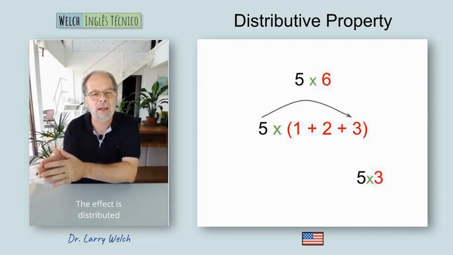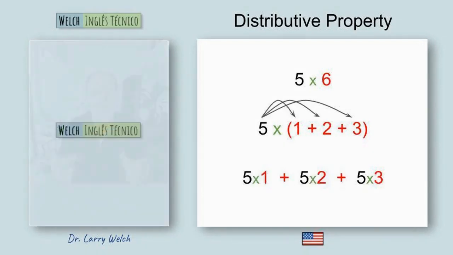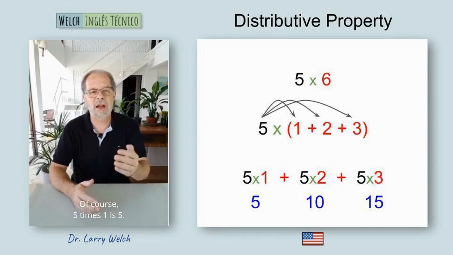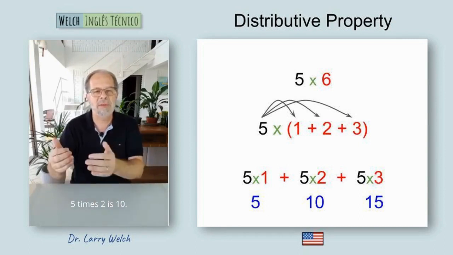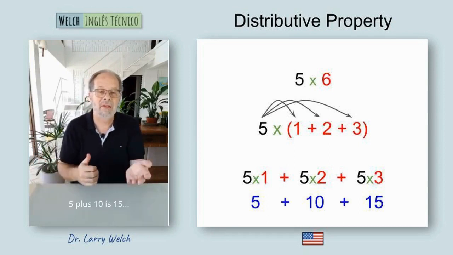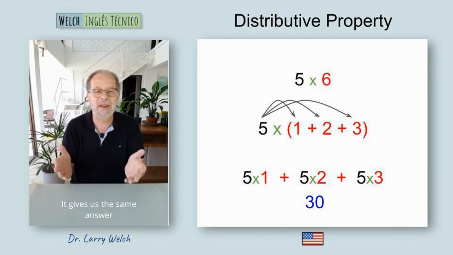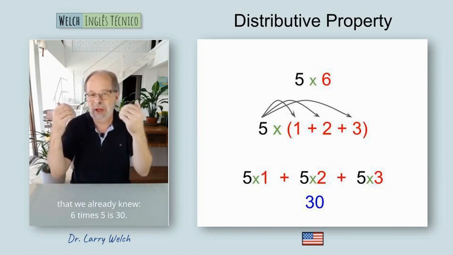The effect is distributed to each of the pieces. Of course, 5 times 1 is 5, 5 times 2 is 10, 5 times 3 is 15, 5 plus 10 is 15, plus 15 is 30. It gives us the same answer that we already knew.